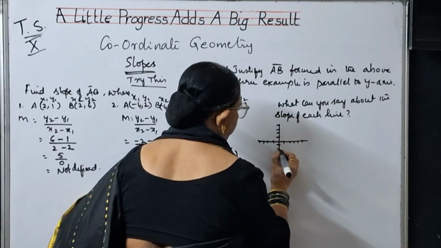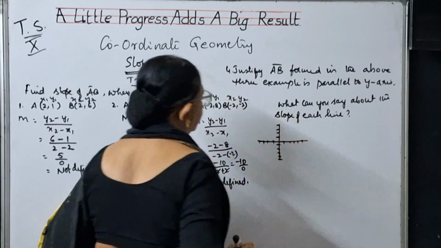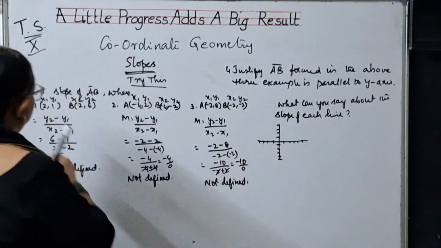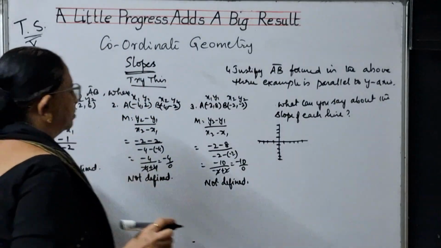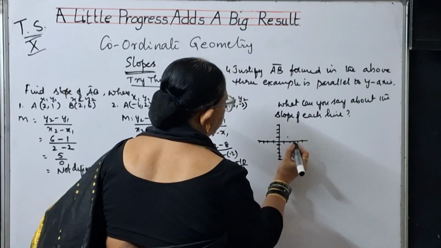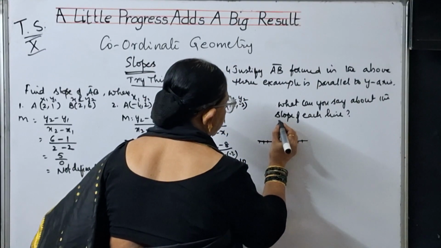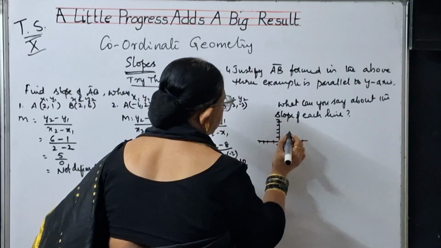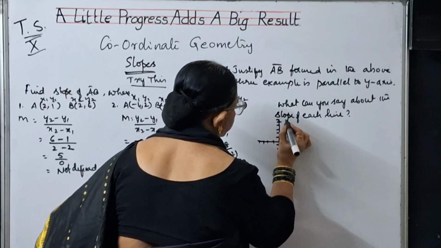I'm not writing the numbers children, I'll just count. So let us see the first one, 2 comma 1, 2 comma 6. This is 2 comma 1 is here, and 2 comma 6, 5 6. This is 2 comma 6.